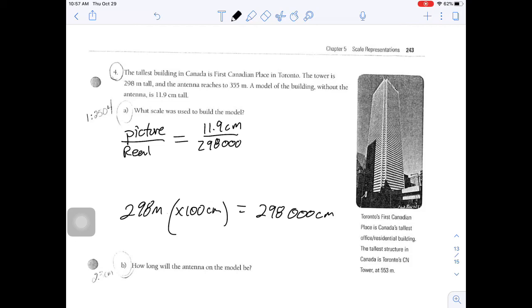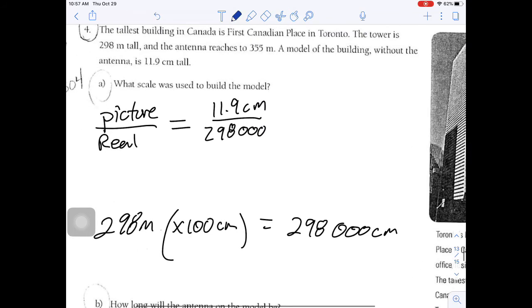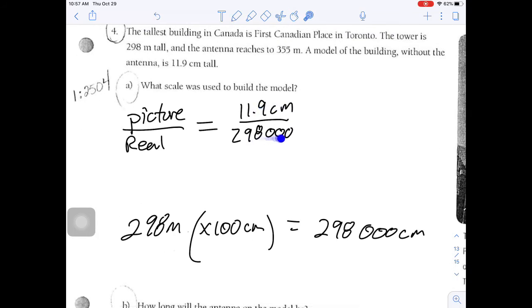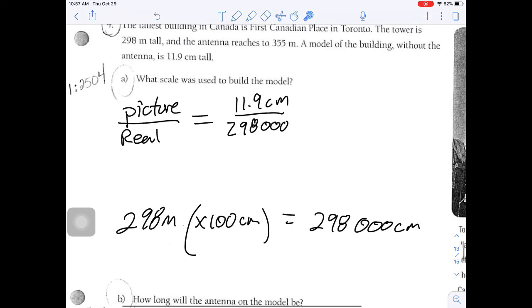So if your calculator doesn't have the fraction button, how do I make this top number a 1 and this bottom number a new number?